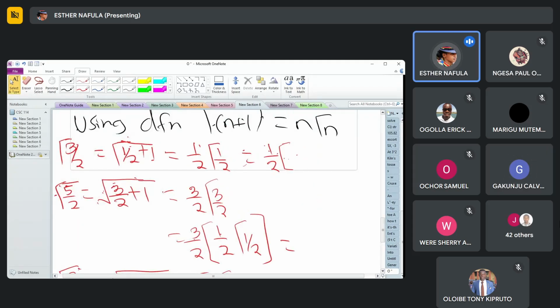I thought you guys were following, so I was expecting you to. This is a half times gamma of a half, but this is square root of pi. So this is 3 over 4 times square root of pi.